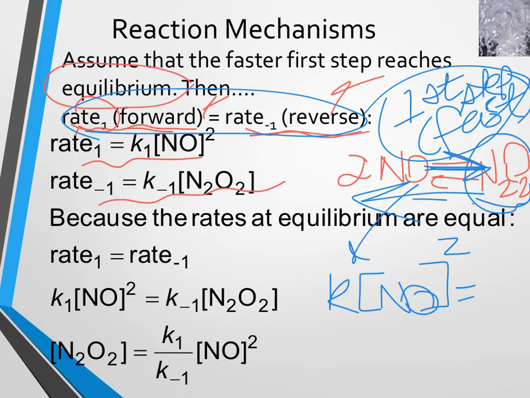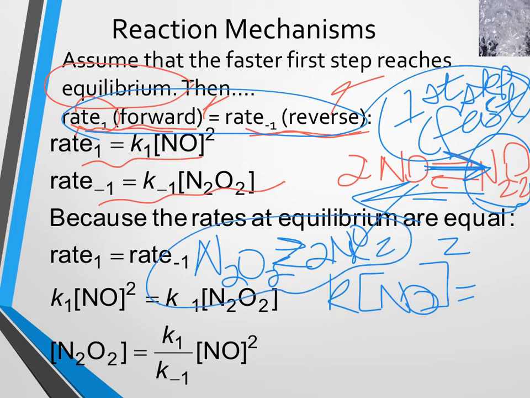Whatever the product is becomes the reactant, and whatever the reactant is becomes the product. Okay, so this is the reverse reaction. Now you're going to write a rate law for the reverse reaction. We're going to call that k_f for the forward reaction and k_reverse for the reverse reaction. What is the reactant for the reverse reaction? It's N2O2.